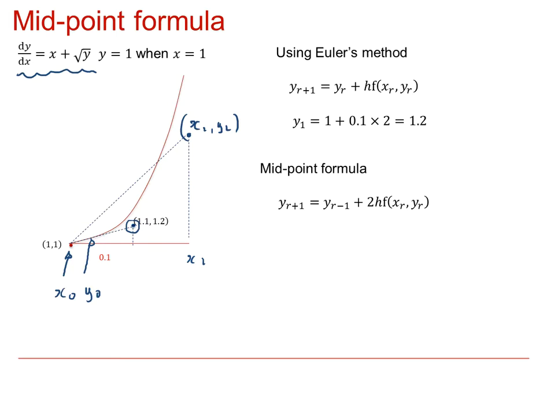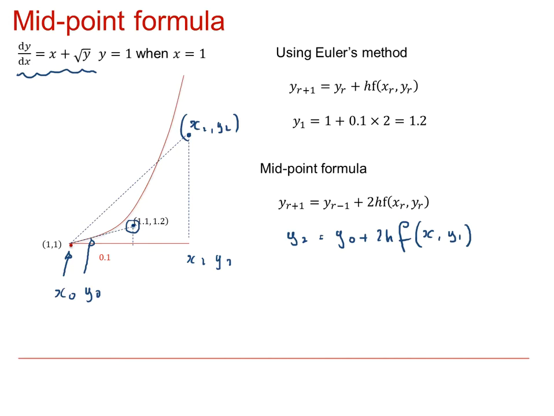but we're going to go from y0 to y2. So using the formula, we can see that y2 will be equal to y0 plus 2h and then f of x1 and y1.